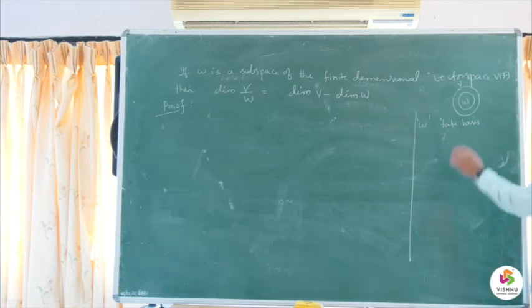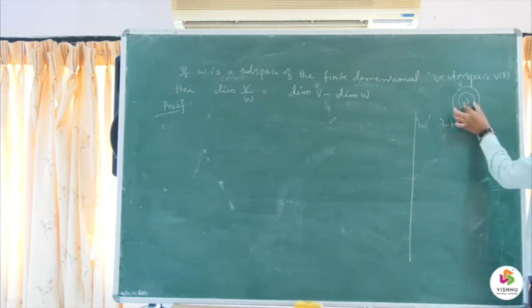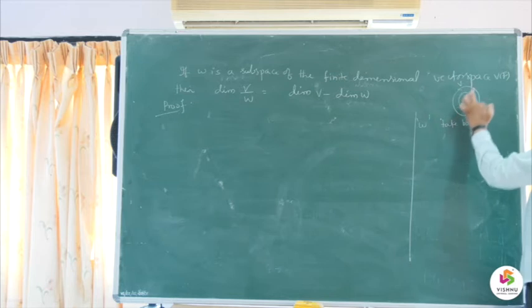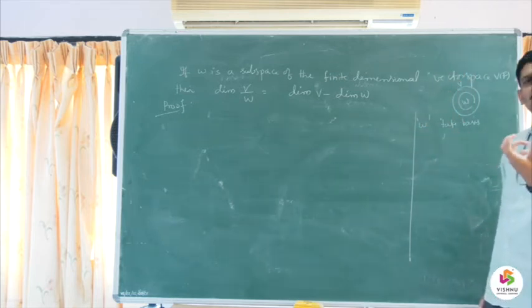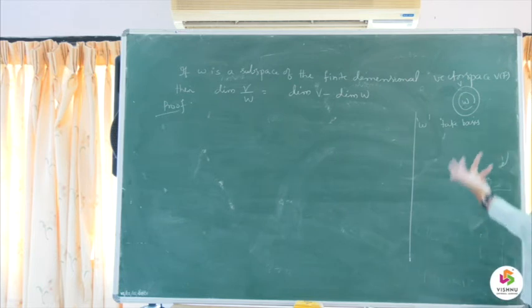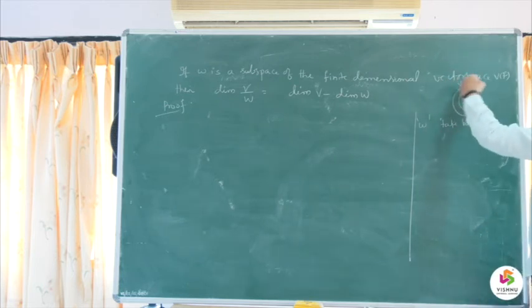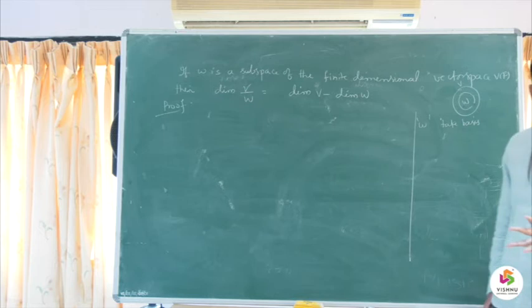So whenever you take a linearly independent set in the total vector space, then by adding some vectors to it, you can form a basis for the total vector space, which is nothing but the basis extension theorem we discussed earlier.